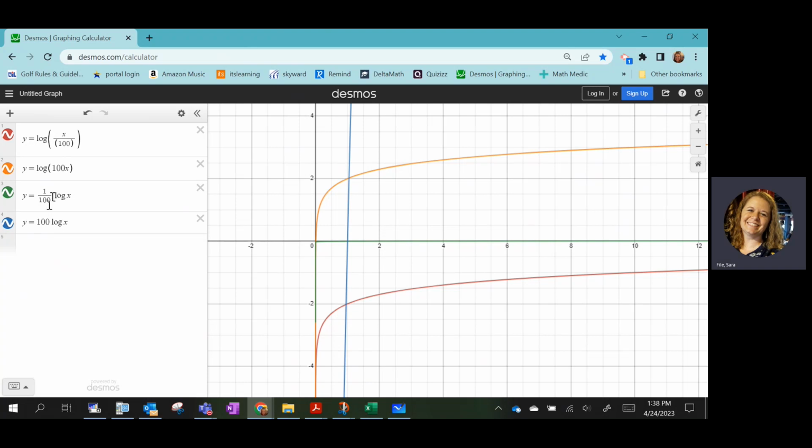If it's less than 1, it's a compression. So this one was being compressed by 100 vertically. This one's being stretched by 100 vertically. The orange one is being compressed by 100 horizontally, and the red one is being stretched by 100 horizontally.